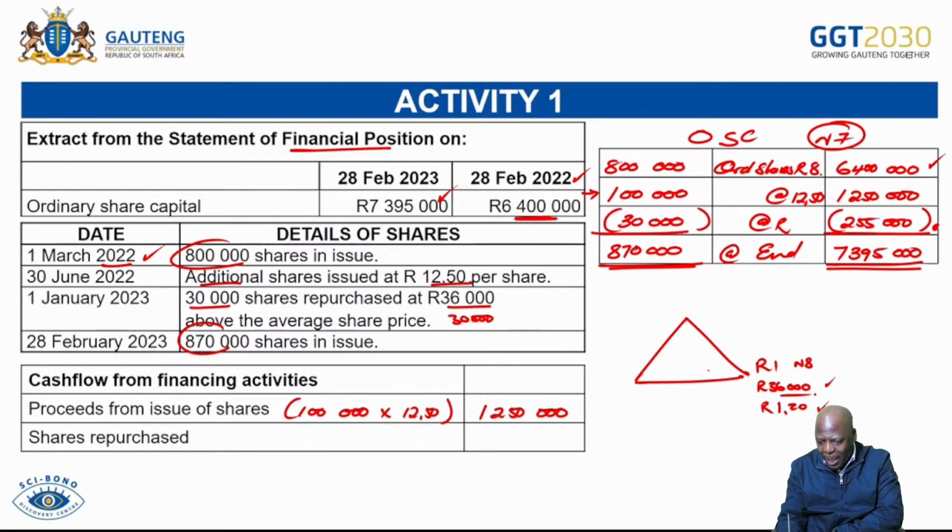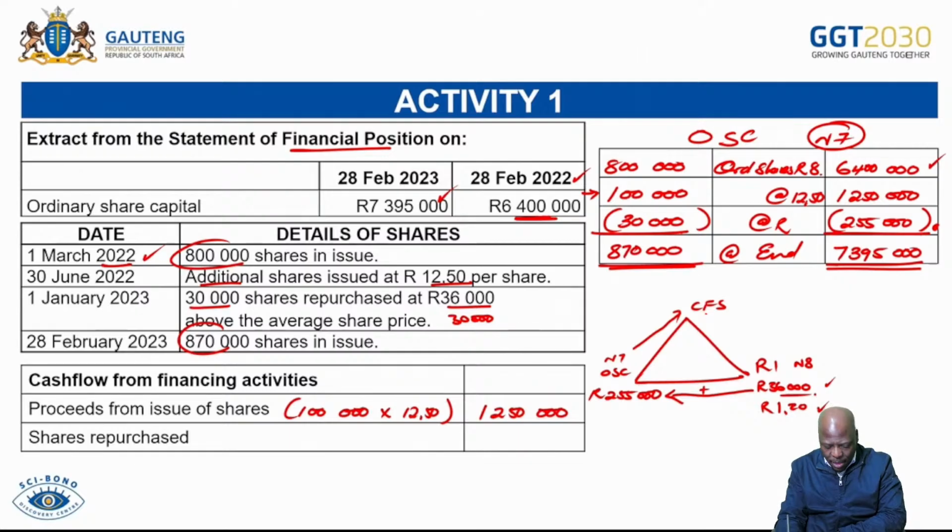So when I come back to the triangle, I'll now say, here is my ordinary share capital amount. Note number 7. And in my ordinary share capital, I have the rand amount, which is 255,000. So if I take my 36,000, I add it to my ordinary share capital amount, I should get my cash flow amount here.